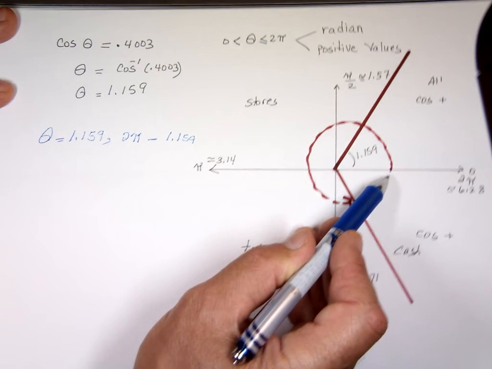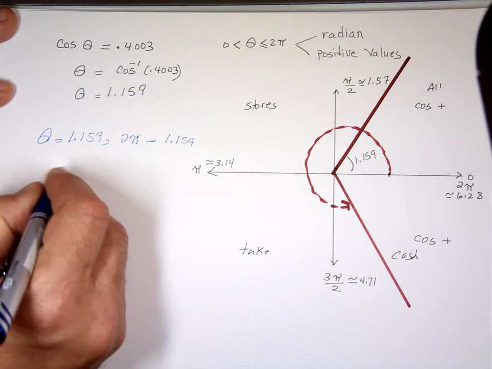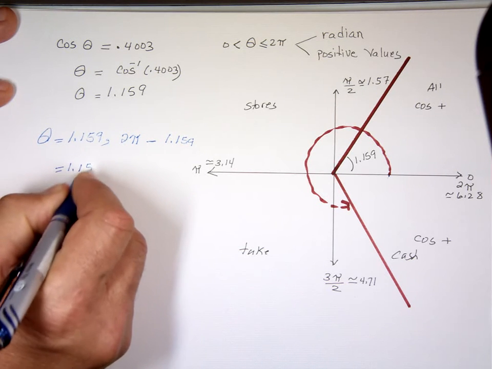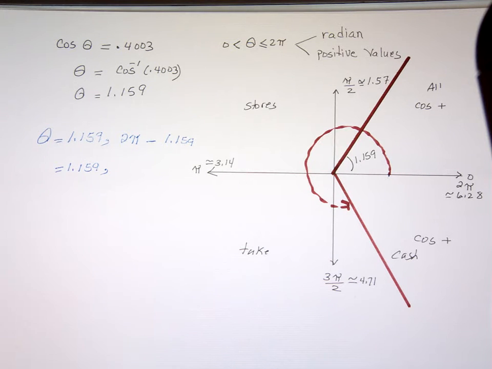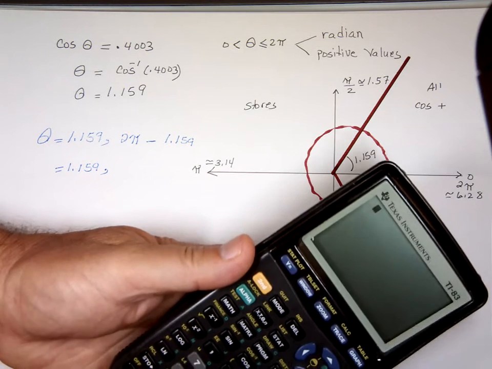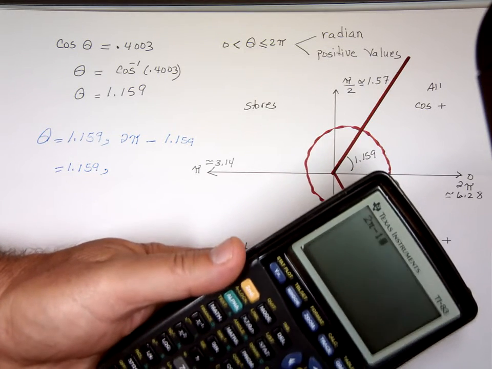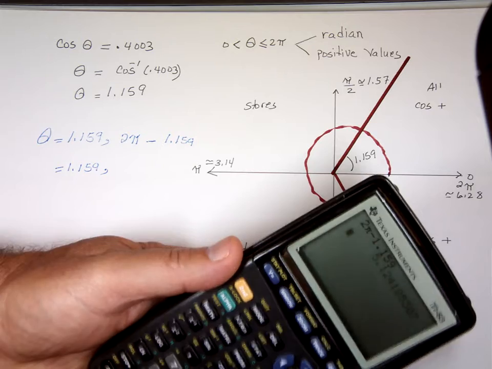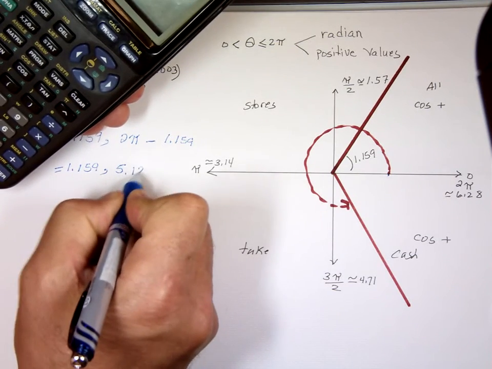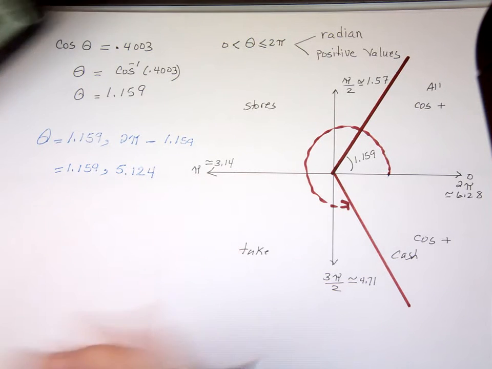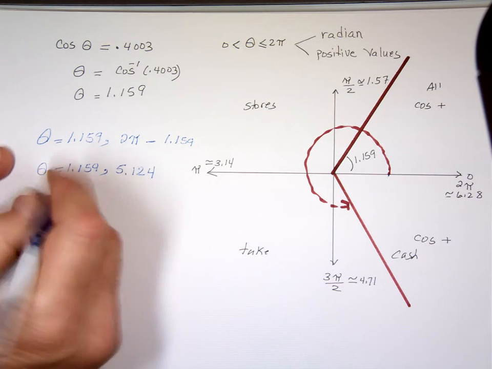Take away from it 1.159. And let me go to my calculator. 2 pi minus 1.159. It's 5.124. So I have two angles that satisfy that one.